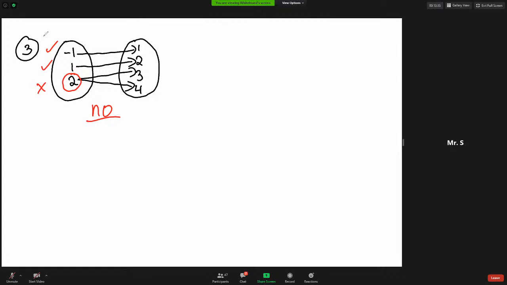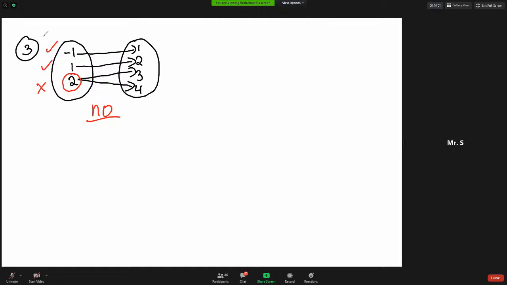Let me think how to properly respond to that. For now, no. You're not going to deal with any sets where an element has no correspondence. So for now, you're not going to see any examples like that. Every element in a set has to have some correspondence for our discrete sets.